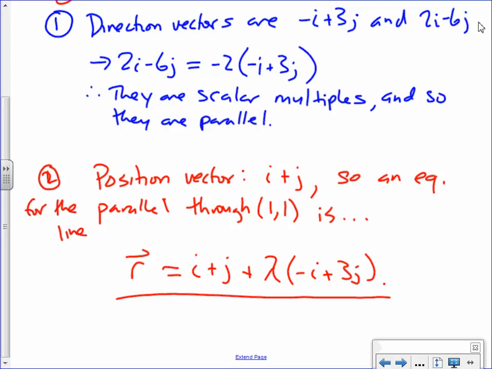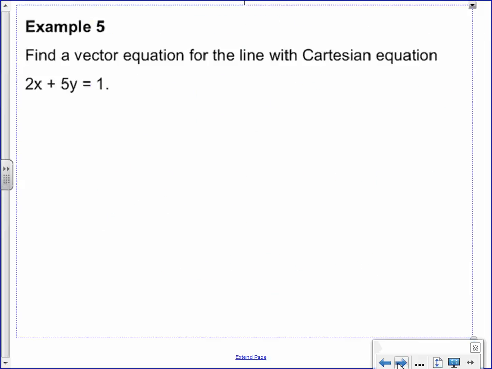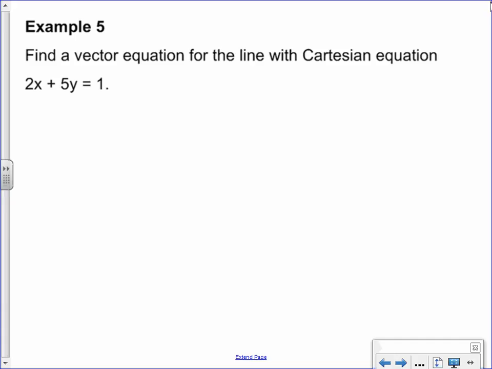If I gave you the Cartesian, can you tell me the vector equation? Okay. Position vector, direction vector. What do you want to give me first? Position vector. What's the position vector? Is 0, 1 on the line? No. 5, 1 is on the line?